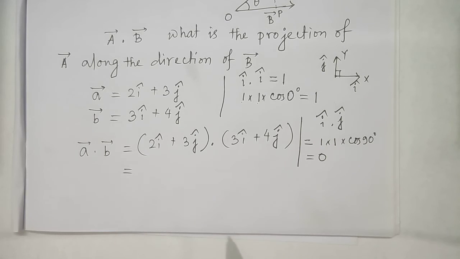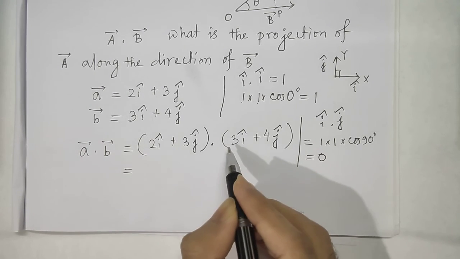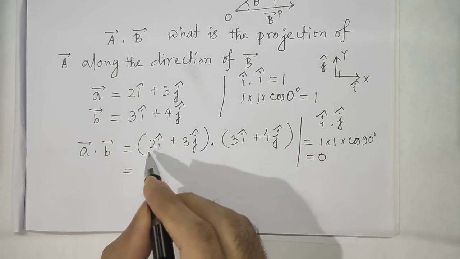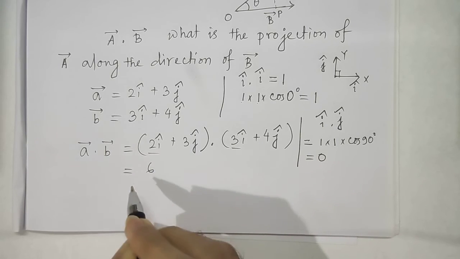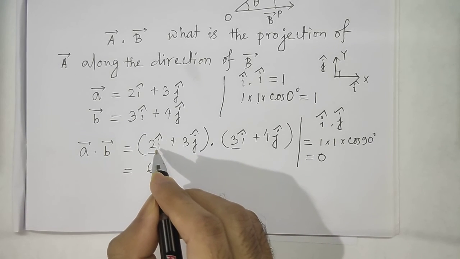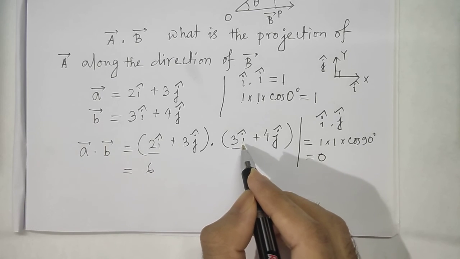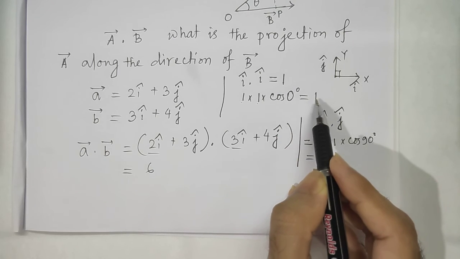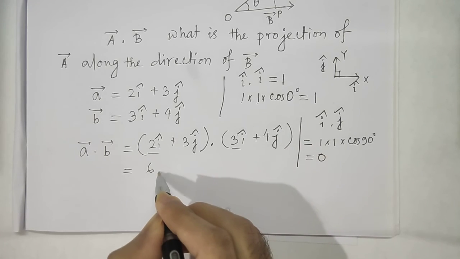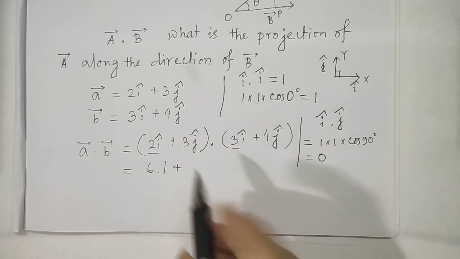So let's do this math. At first we will simply multiply this first term with this first term. So 3 into 2 is 6. But we have to do the dot product between this i cap and this i cap, and we have seen that i cap dot i cap is 1. That's why it will be 6 into 1, plus the next one.